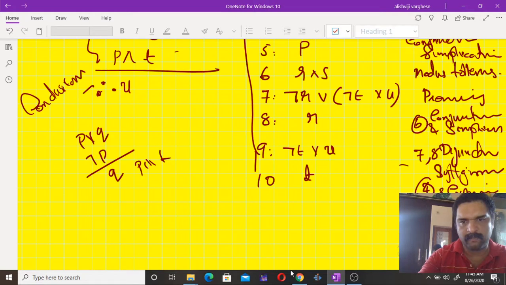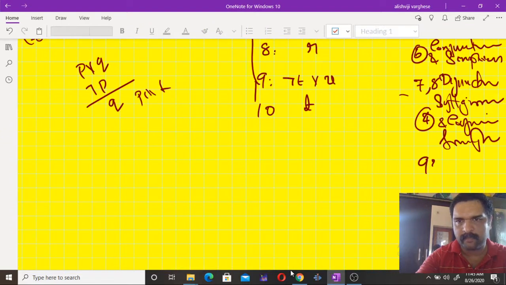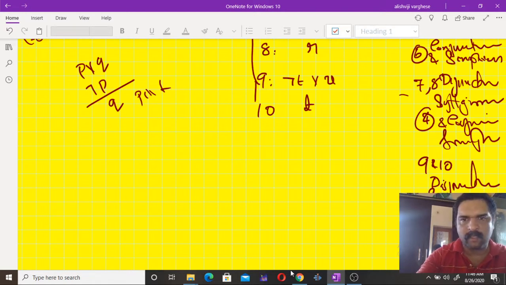So if we combine these two statements, 9 and 10, using the disjunctive syllogism, we can conclude that U is true. So that's our 11th step.